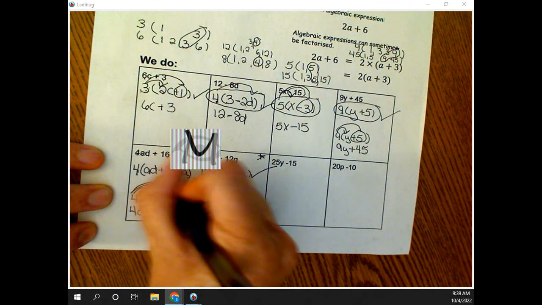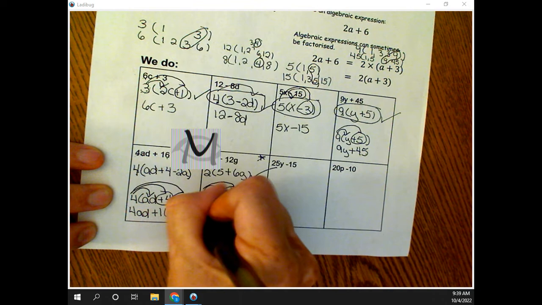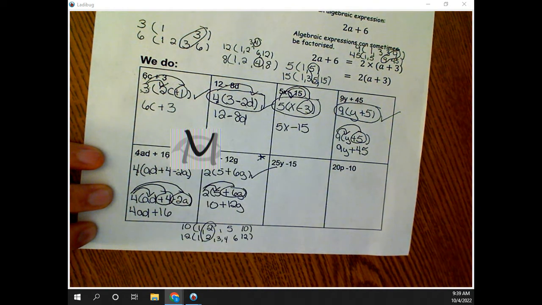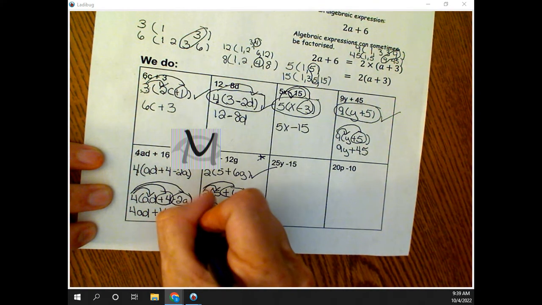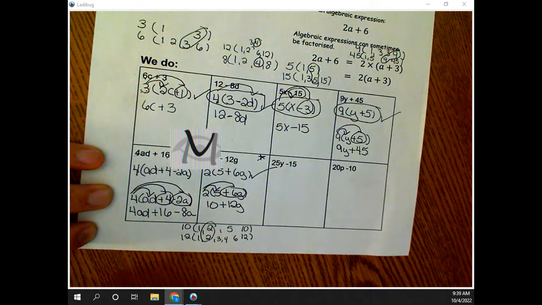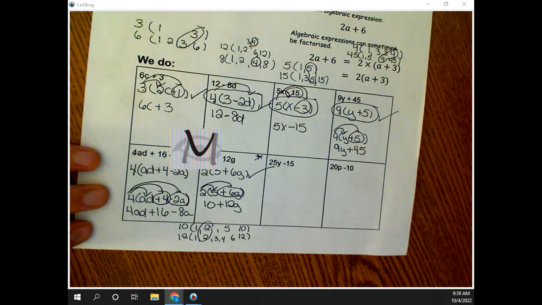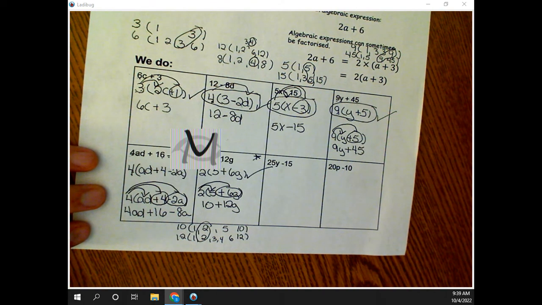And 4 times negative 2a is what? Negative 8a. 4 times negative 2 is negative 8a. All right, should we do one more together? All right, so we'll do one more together, and then from there, you guys are on your own.